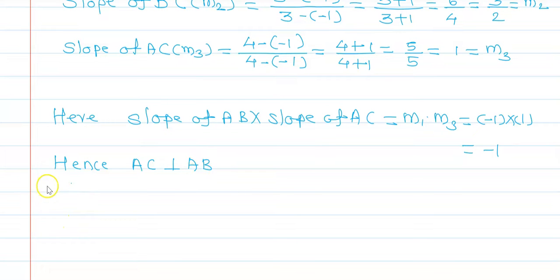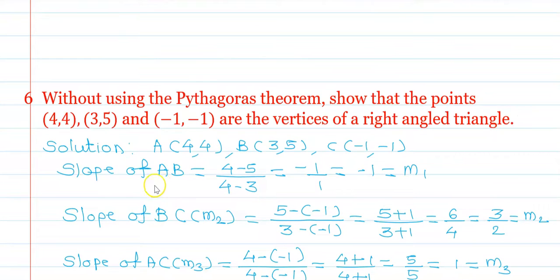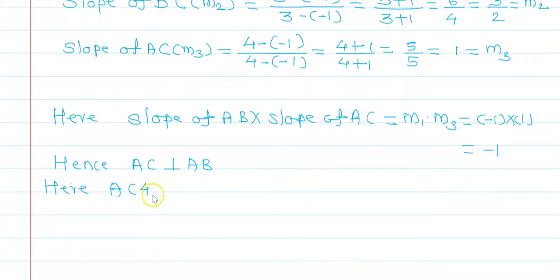The vertex A, whose coordinate is (4, 4), is common. Therefore angle BAC equals 90 degrees.